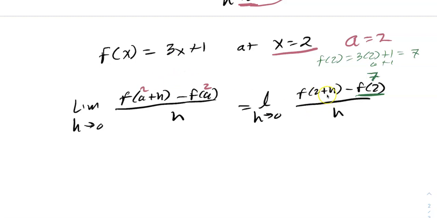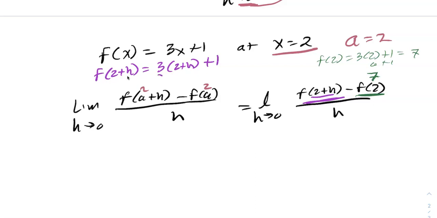How about f of 2 plus h? Remember, that's just by substituting in 2 plus h into my function, f of x. So, same concept. What is a function? A function is just 3 times something plus 1. And in this case, over here we plugged in 2. Over here we're substituting in 2 plus h.